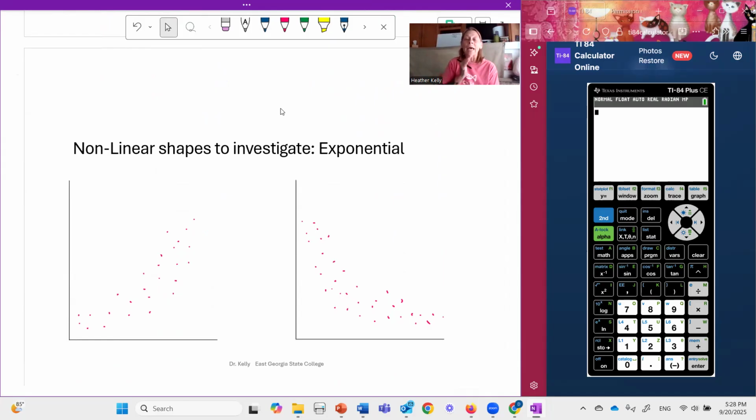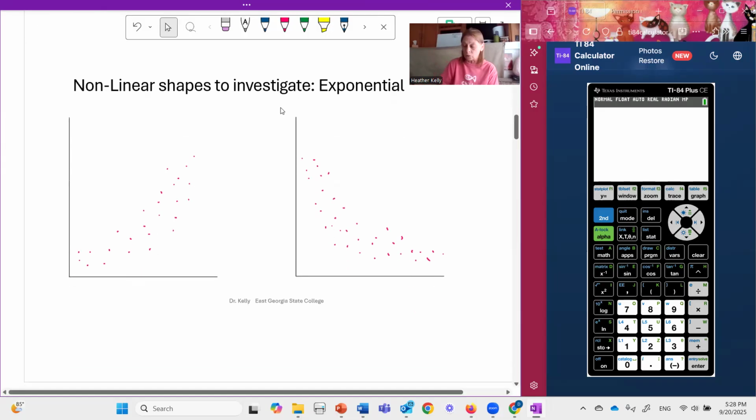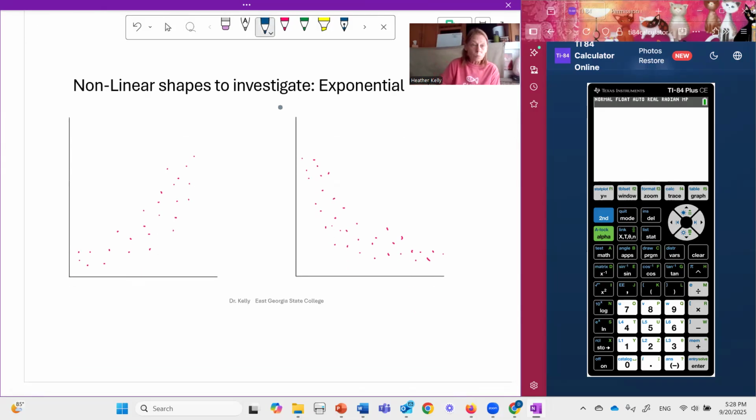And then you have exponential decay, where the function kind of falls down a hill when you look from left to right, similar to a positive slope or a negative slope, or a positive correlation or a negative correlation. So let's look at these two. This one here starts low and then it builds. This would be exponential growth.